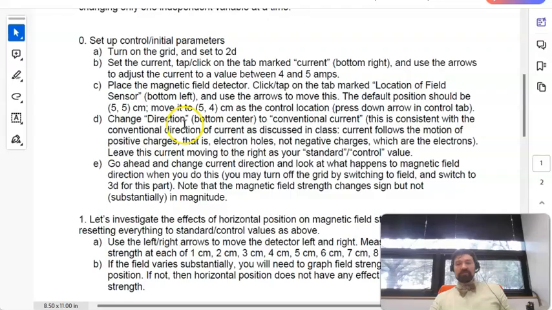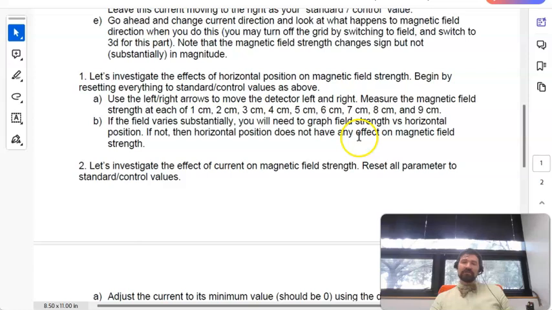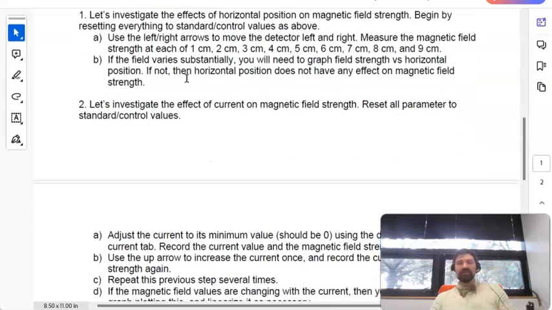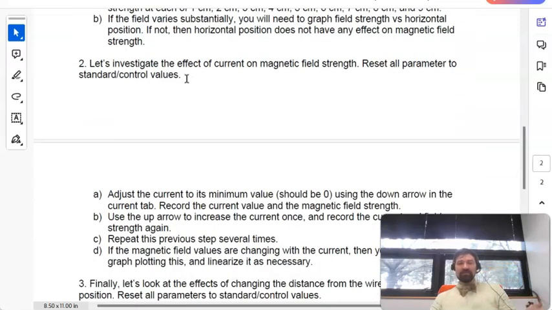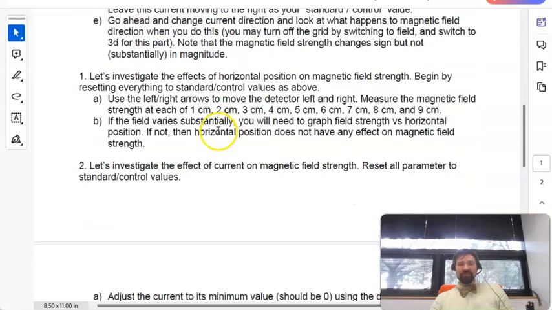Specifically, if you're going in order of the directions, you start by setting up the control parameters as I did, and then first you change horizontal position, so you're basically moving the sensor left and right. Then you reset it to your control position at 5, 4 centimeters.